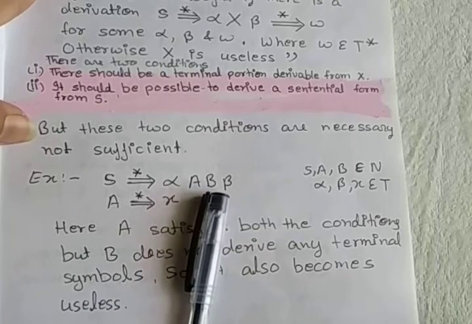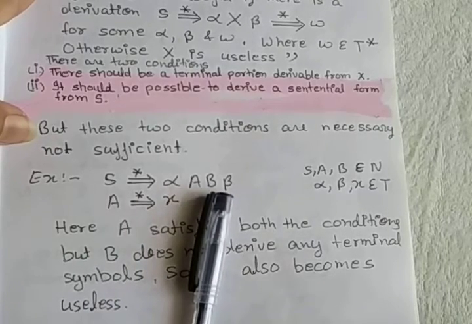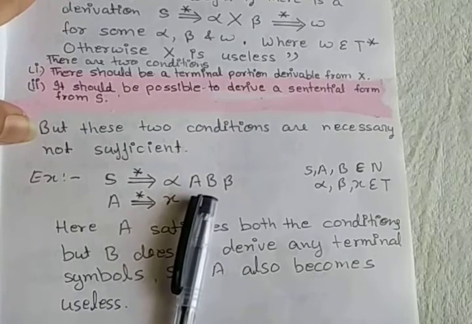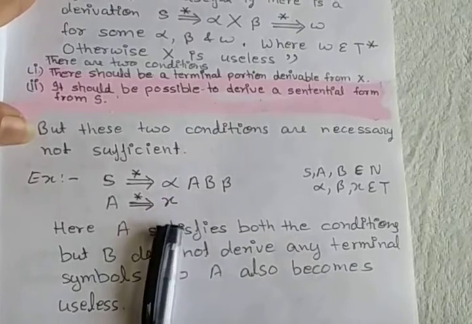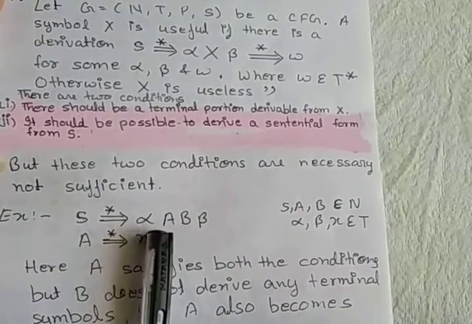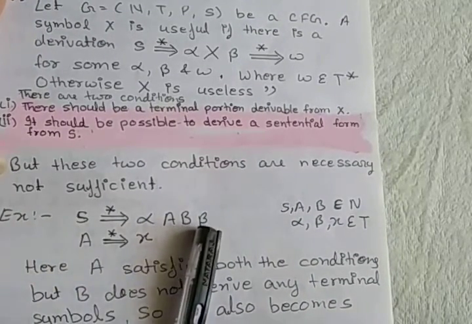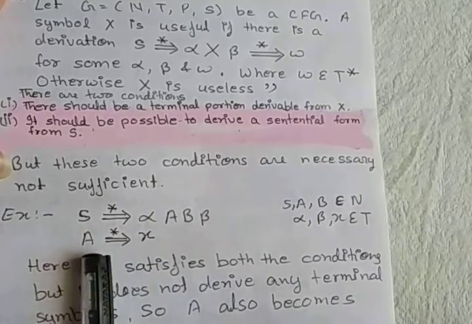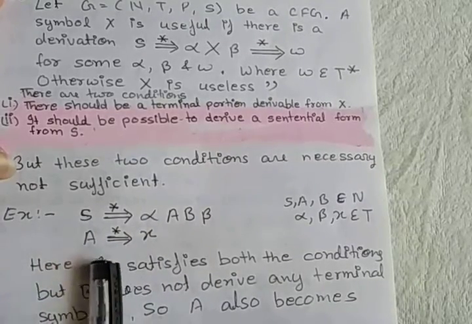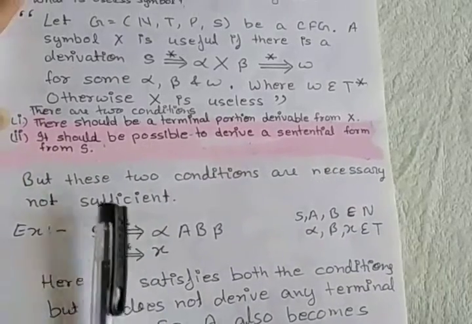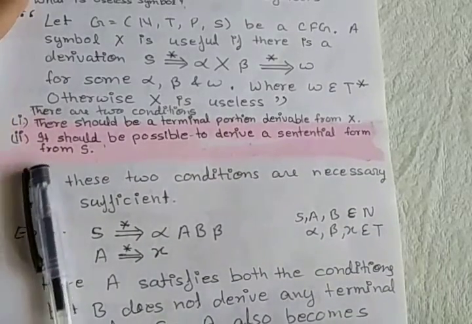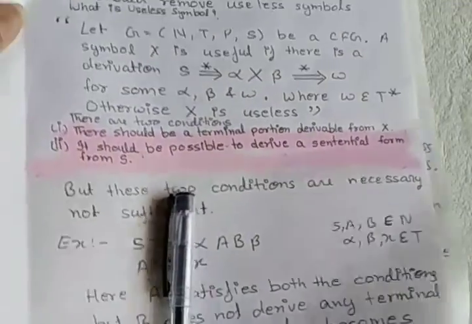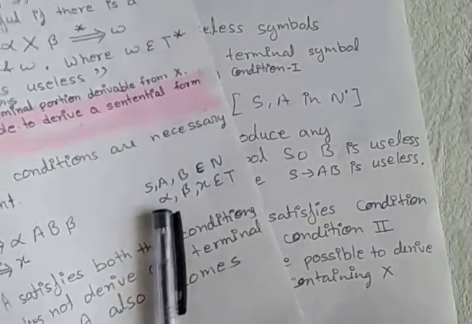But if we do not have any rule from which we can derive a terminal string from B, then this rule will be useless. If this rule is useless, that means A will also be useless. So that's why we say that these two conditions are necessary conditions but not sufficient conditions.